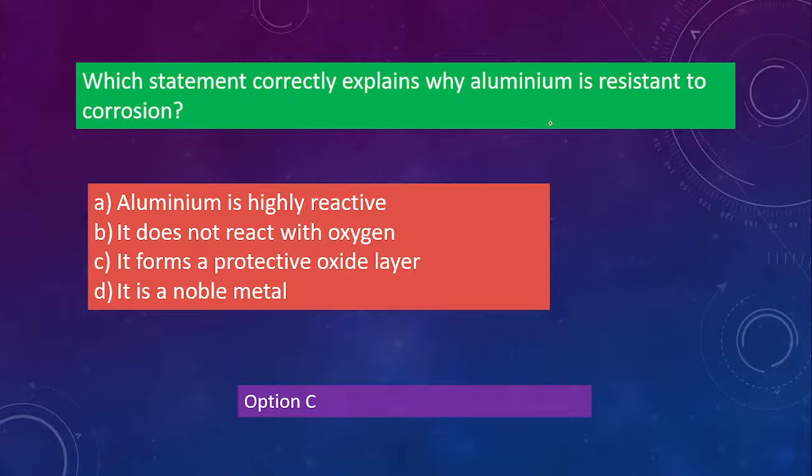On top of aluminium, if you take any aluminium rod or any other substance made of aluminium, an aluminium oxide layer will be formed. That aluminium oxide layer will protect the aluminium metal present below it from further corrosion. So that's how aluminium does not get corroded.